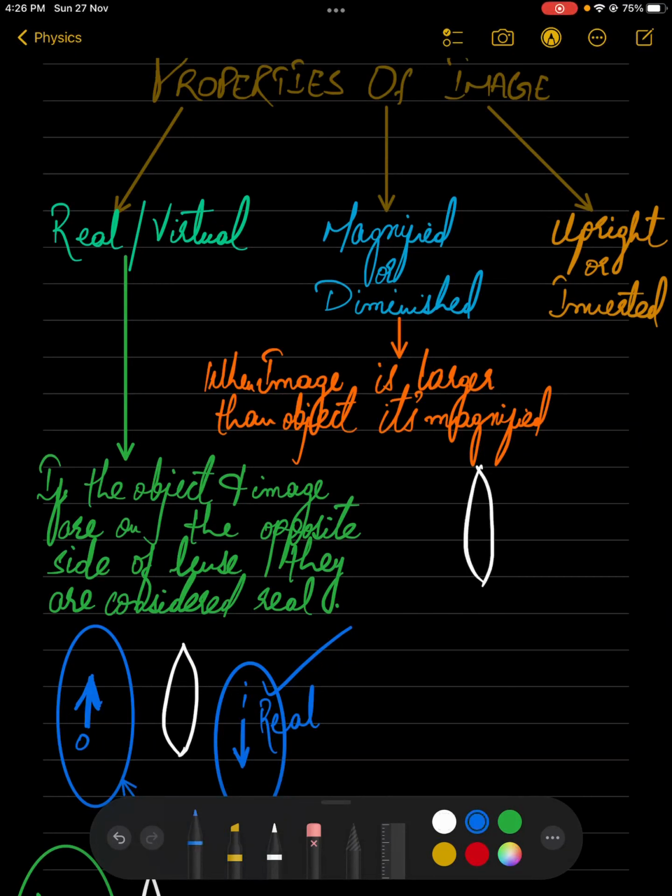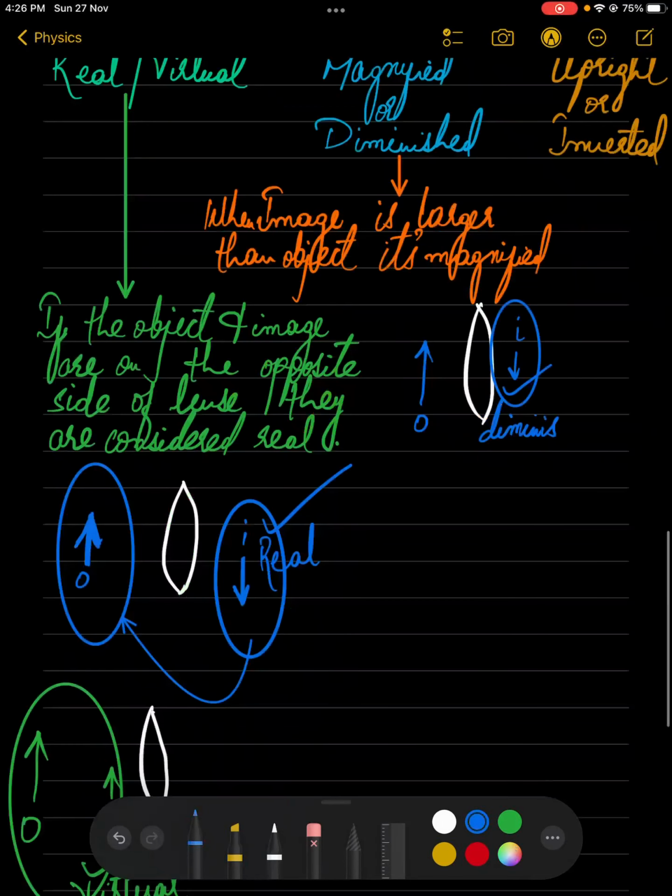Like I had my object over here, the image is smaller in size, so this one is considered as diminished. Now in the opposite case, if I had a lens over here, the object was placed like this and this is my image, तो अब मेरी image magnified है या diminished है?